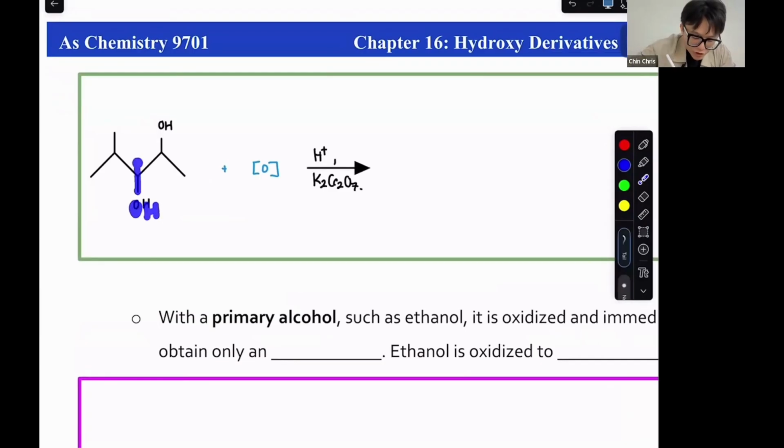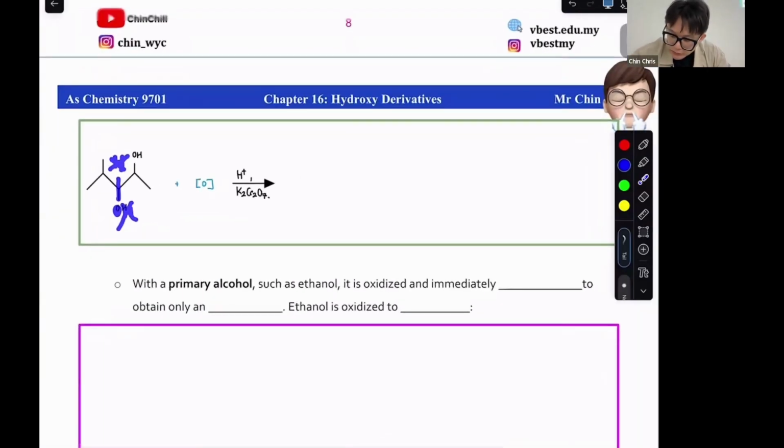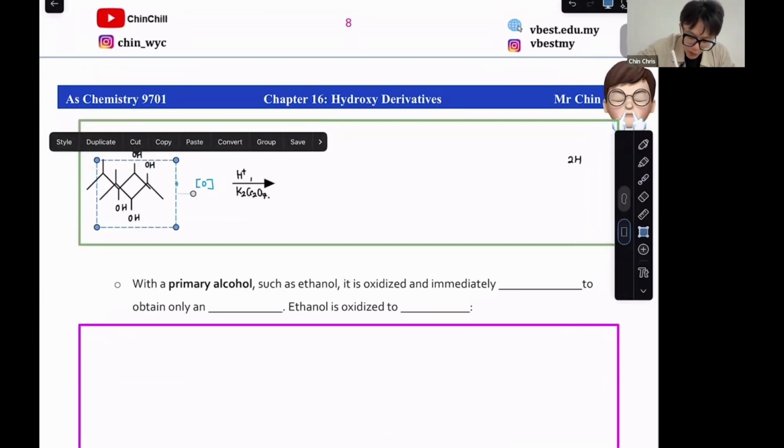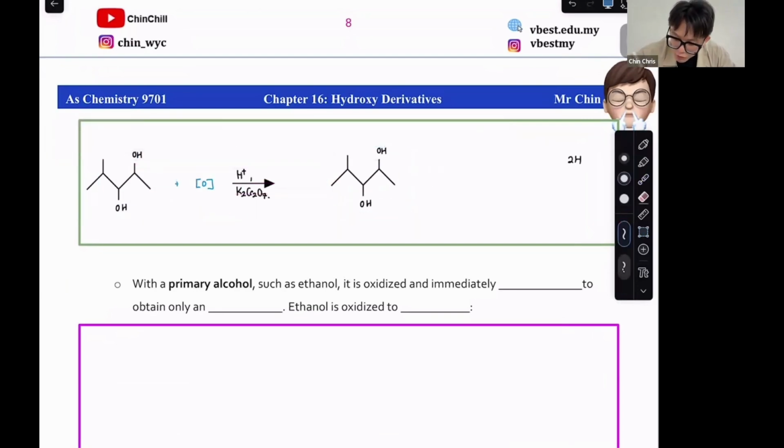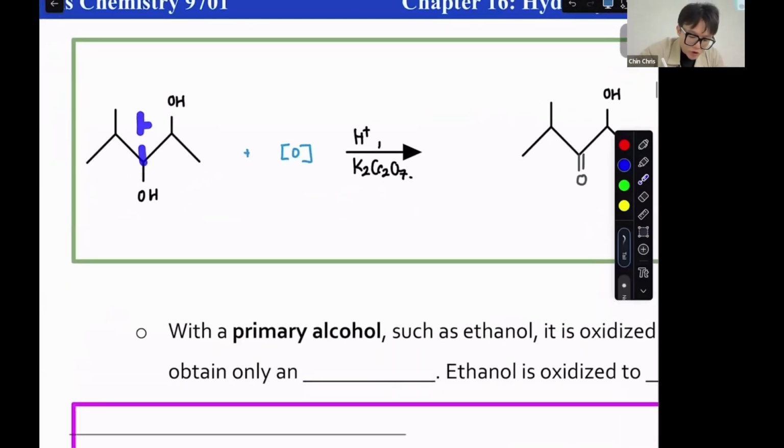So you see you have OH and an H here. We remove one hydrogen, two hydrogen. So you remove two hydrogen here, and this is going to turn into a double bond O now. See, one hydrogen removed, and it turns into a double bond O.